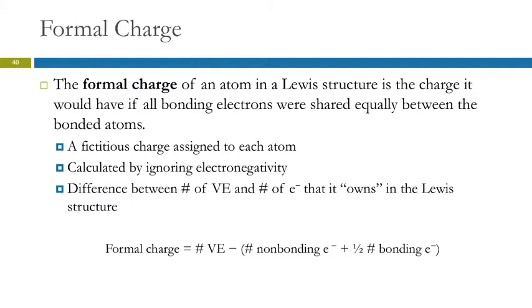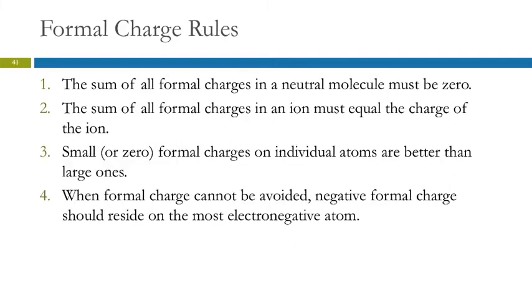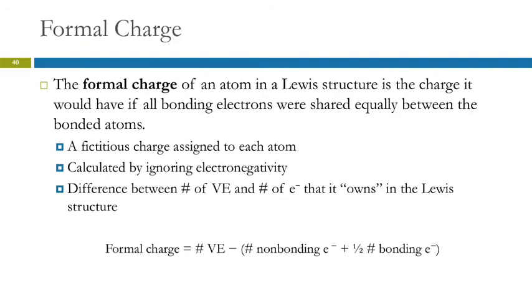I find that difficult to explain to students and difficult for students to remember. So let me just show you how this works. Well, let's just make up an example. Let's just use one of those that we did just now, the nitrite ion, and see how we would assess formal charges.